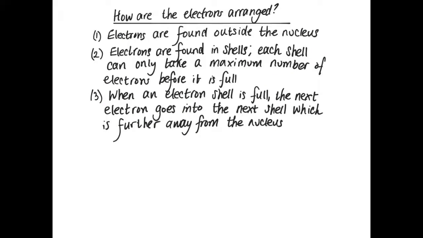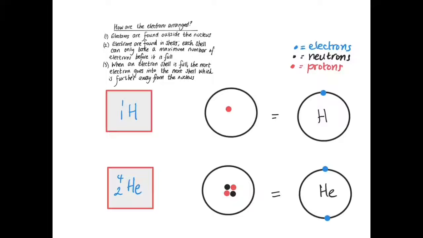So electrons go around the outside of the nucleus, and they're usually described as being in shells, and we show shells as circles, and they look a bit like how you would draw the orbits of a planet around the sun. So here we have hydrogen. Hydrogen has got 1 electron and 1 proton.